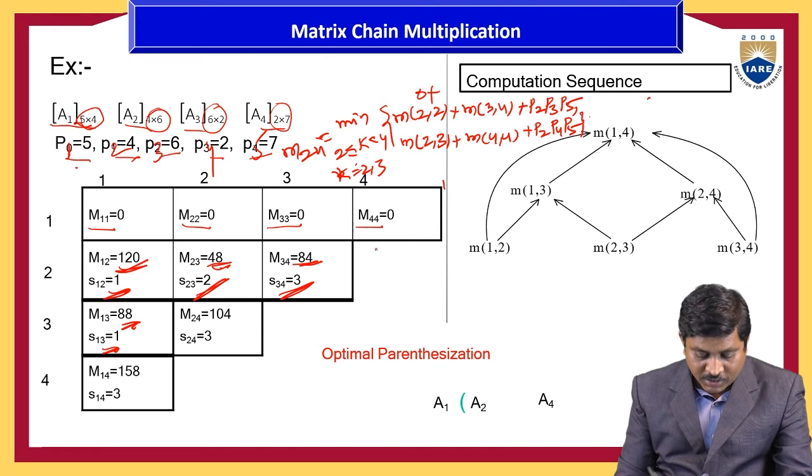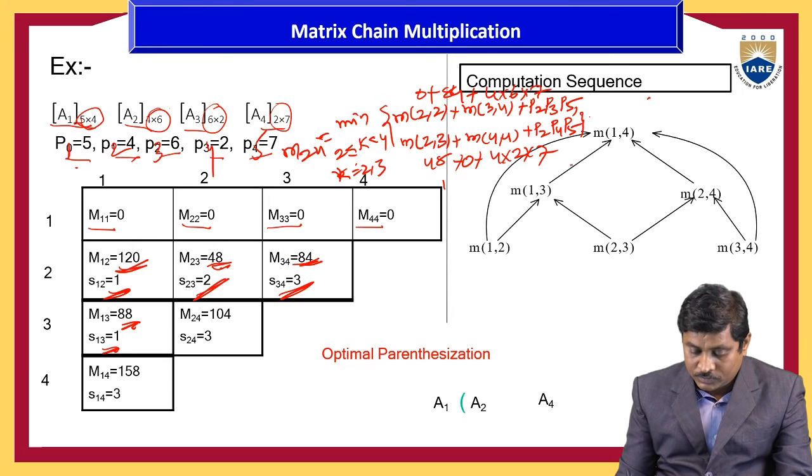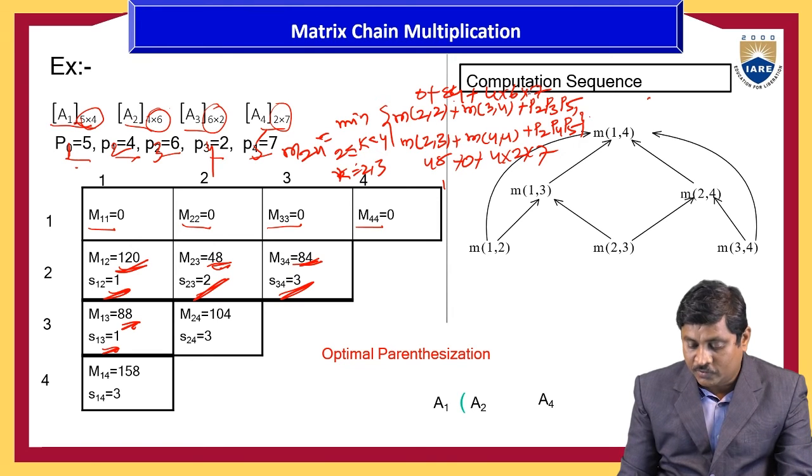M22 value is 0, M34 value is 84, plus P2 value 4 into P3 value 6 into P5 value 7. M23 value is 48, M44 value is 0, plus P2 value 4 into P4 value 2 into 7. So 84, 4 6s are 24, 7 6s are 42, 42 into 4 is 168. 4 2s are 8, 8 7s are 56.